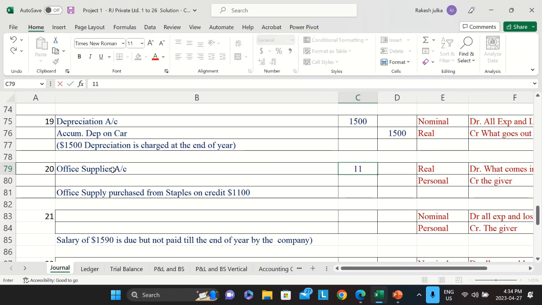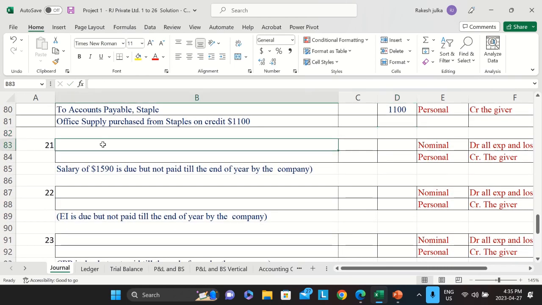The amount is 1100, and here we will write account payable, and the name of the company is the Staple, $1100.